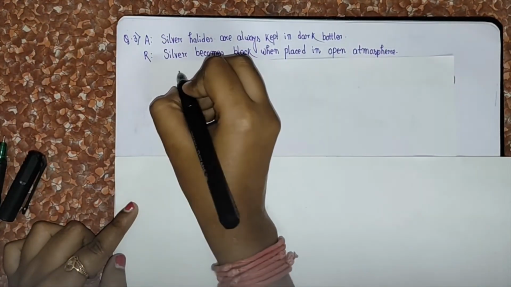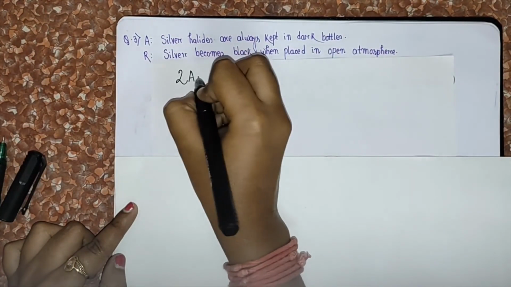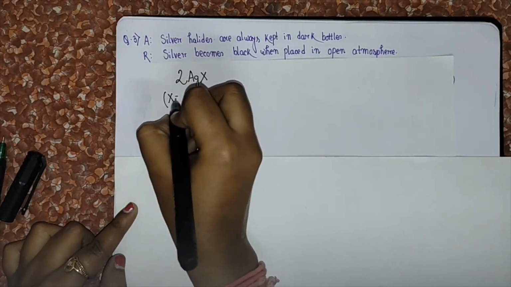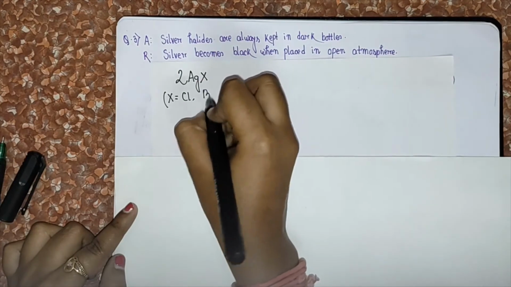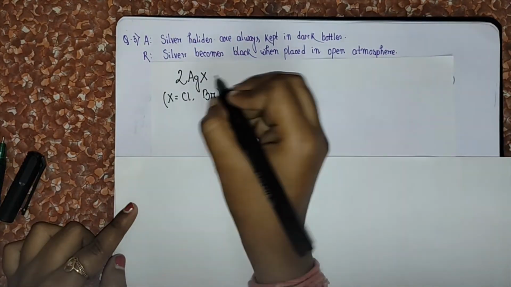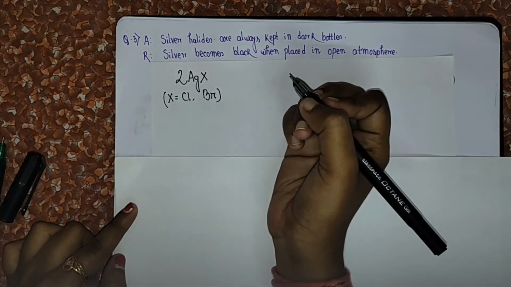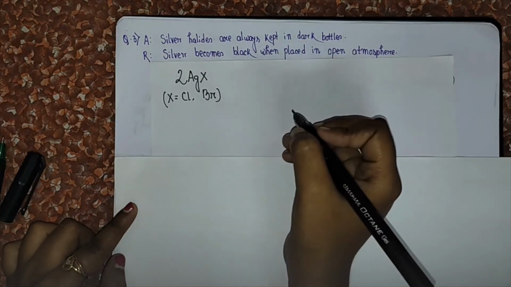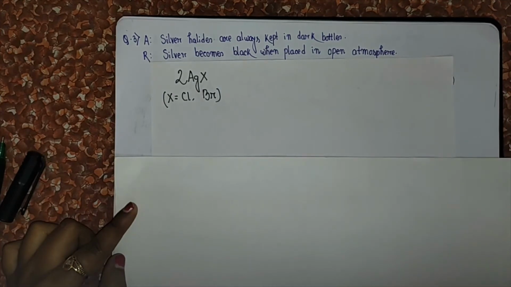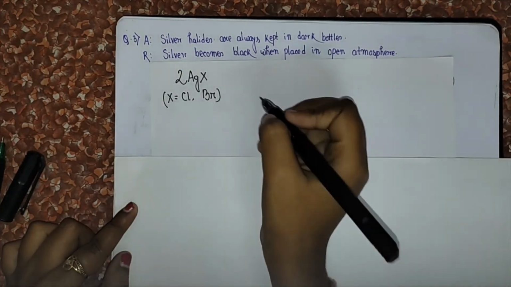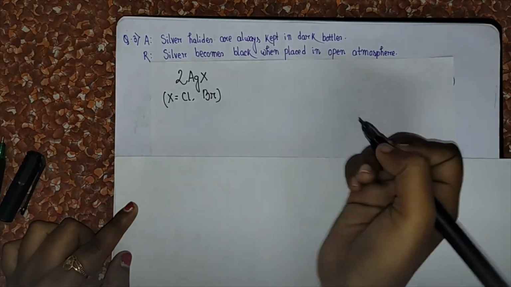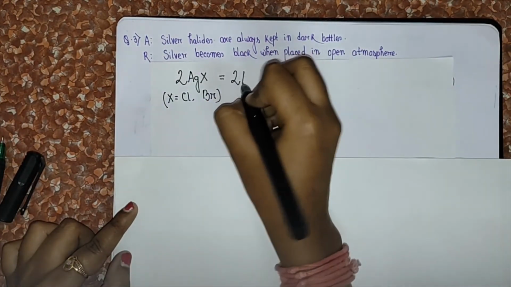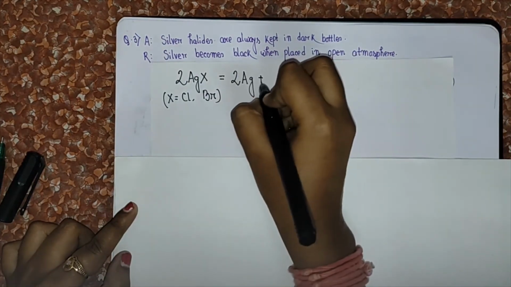Silver halide is AgX, where X is chlorine or bromine. When silver halides like AgCl and AgBr are kept in sunlight, they undergo dissociation and form 2Ag plus X2.